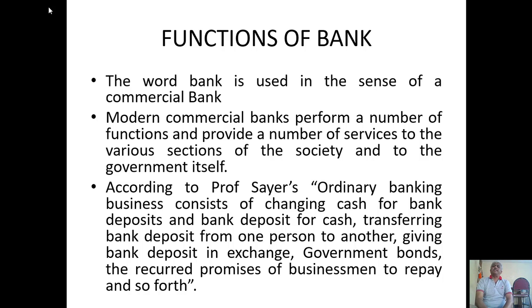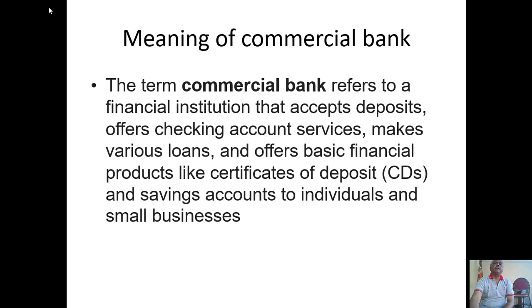According to Professor Sayers, ordinary banking business consists of changing cash for bank deposits and bank deposits for cash, transferring bank deposits from one person to another, giving bank deposits in exchange for government bonds, the recorded promises of businessmen to repay, and so forth. This means commercial banks, as financial institutions, are accepting deposits and lending loans to customers as well as government.